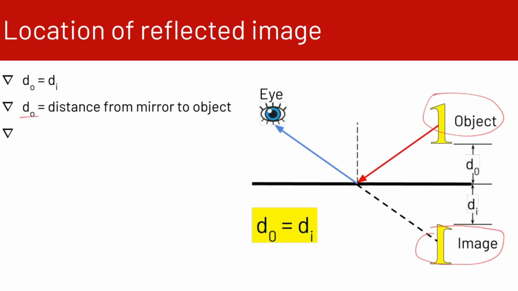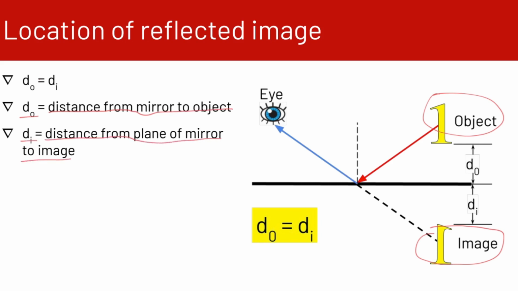DO is the distance from the mirror to the object, and DI is the distance from the plane of the mirror to the image. If you're trying to find the location of the reflected image, it's always going to be opposite the object, and the distance is going to be the same. However far the object is from the mirror, that's how far the image is going to be from the plane of the mirror.